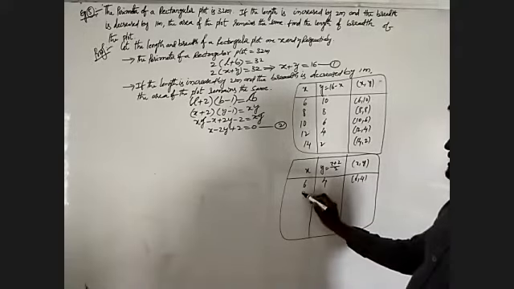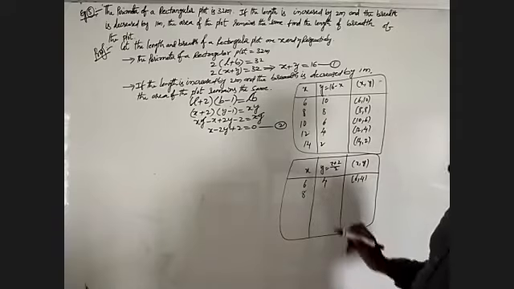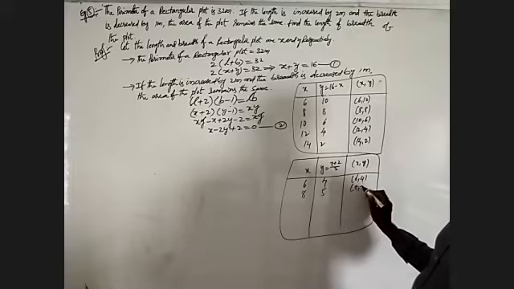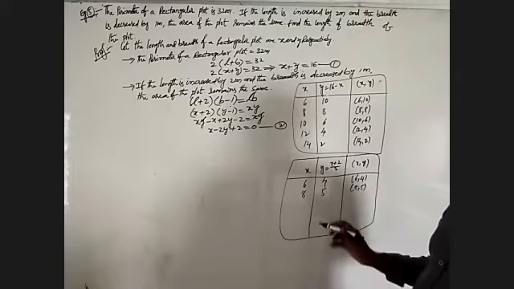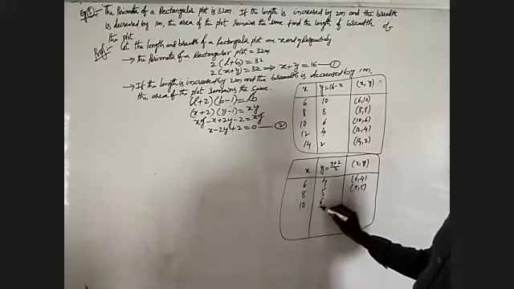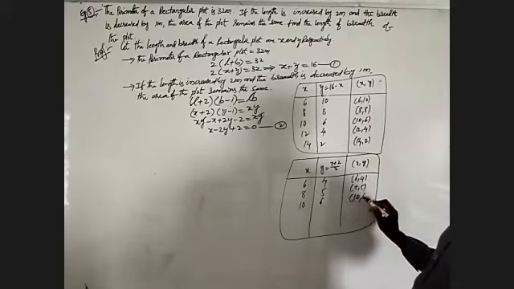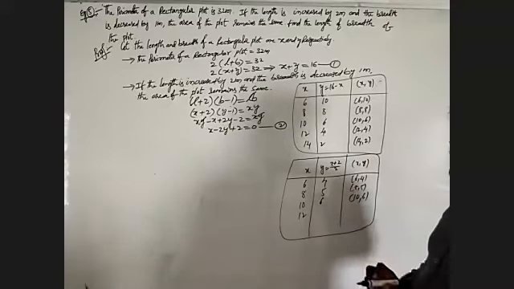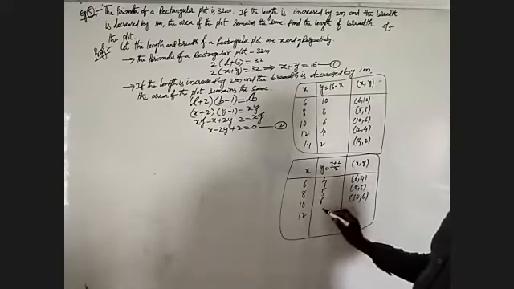After that x is equal to 8. 8 plus 2 by 2 is equal to 10 by 2. That becomes 5. Name it as 8 comma 5. After that x is equal to 10. 12 by 2 means 6. That is named as 10 comma 6. After that x is equal to 12. 12 plus 2 by 2 means 14 by 2, that becomes 7.